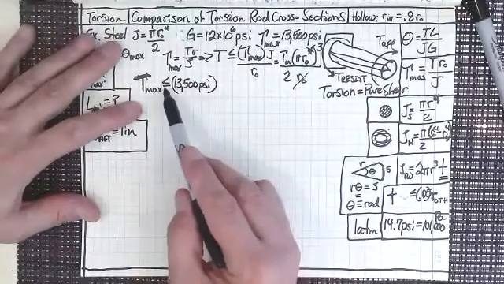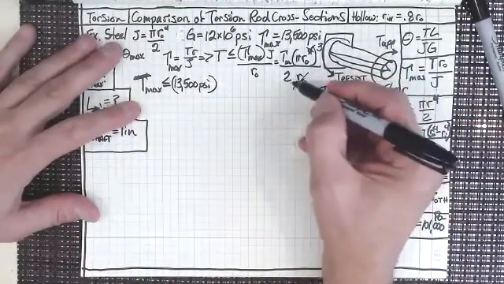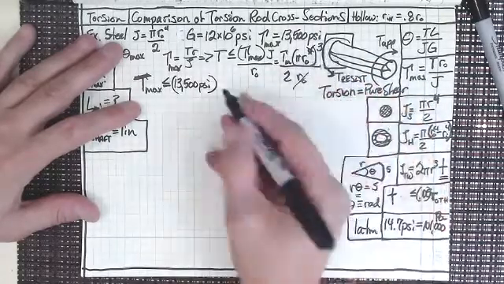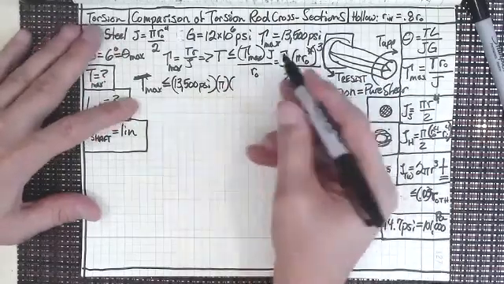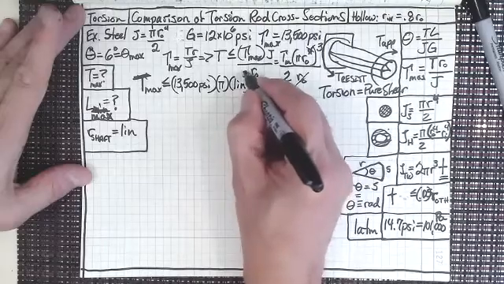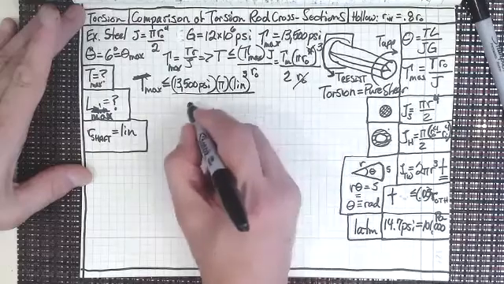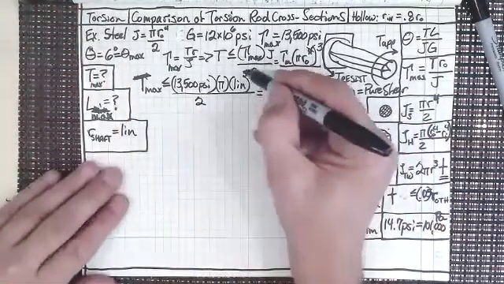Tau max is going to be less than or equal to 13,500 psi, and we can put the 2, and this is just going to be pi r outer cubed. So pi times r outer, which is just 1 inch, cubed, divided by 2. Now that is a cube.